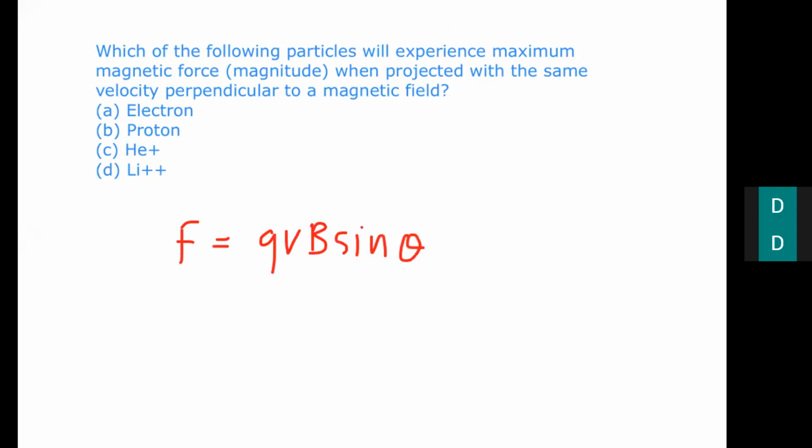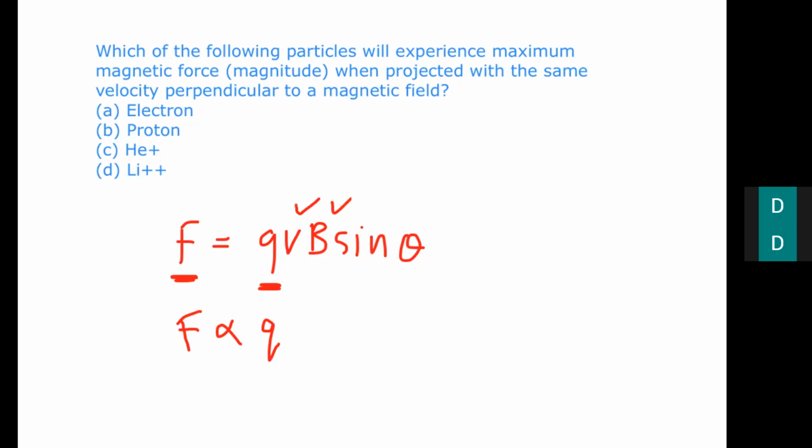Okay, so here we can clearly see that the force depends on the charge. The only variation you can see is electron, proton, He plus and Li plus plus. The charges for all are different. So F is proportional to Q here, if we consider V and B to be constant.